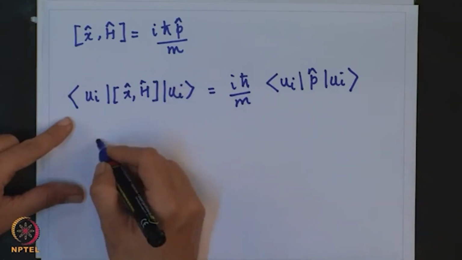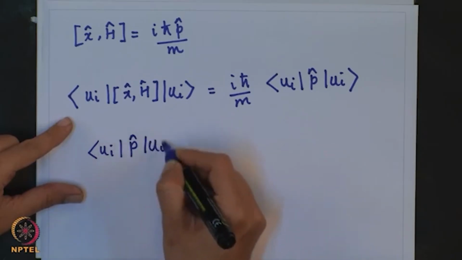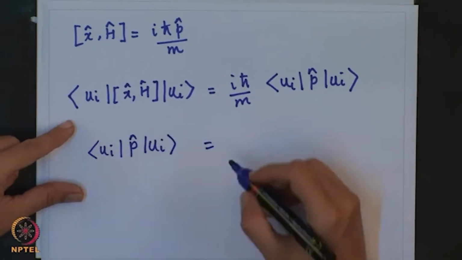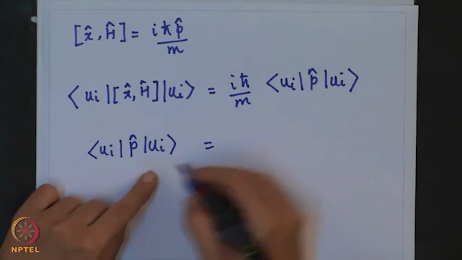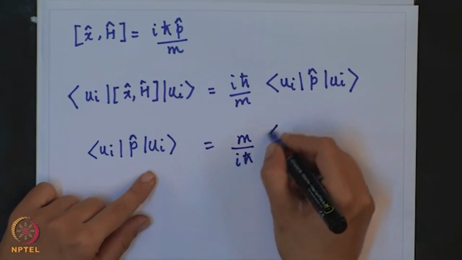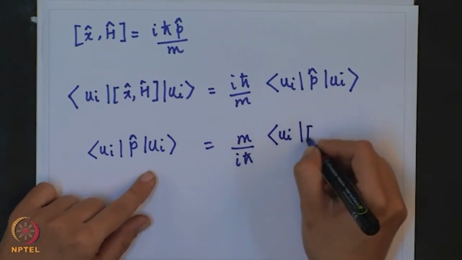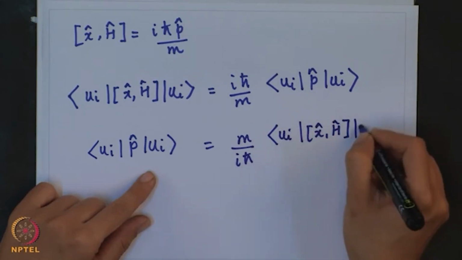So, let me swap this. So, u_i p u_i, the mean momentum of the state u_i, will be equal to m upon i h cross times u_i, commutator of x and h, u_i.